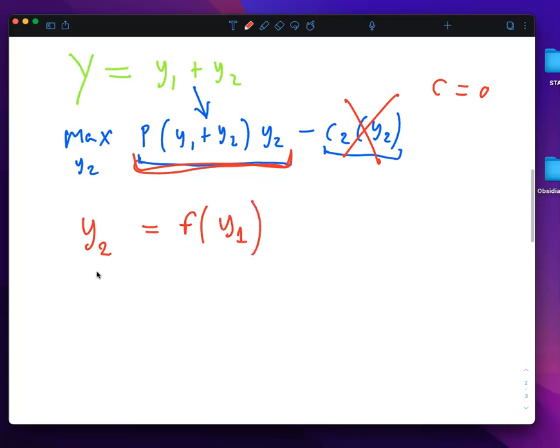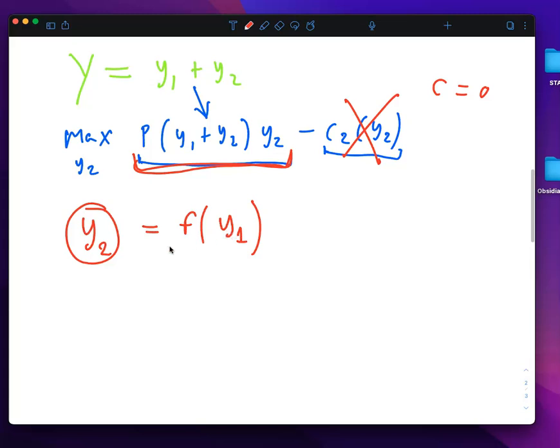So this right here is player two, and I'm saying player two's output is a function of player one's decisions. All right. So now we're gonna derive something called a reaction curve.